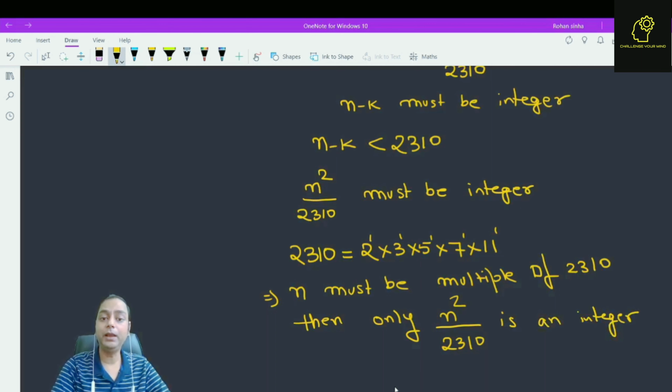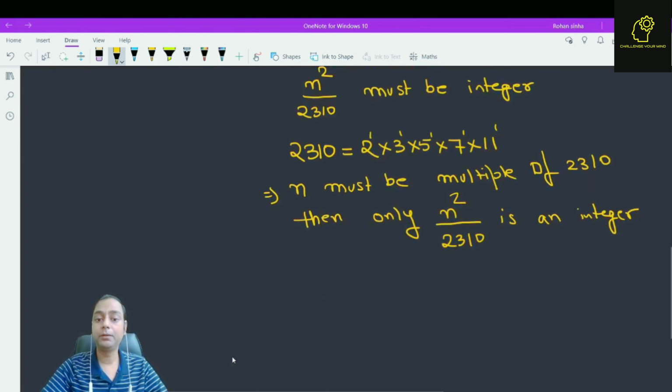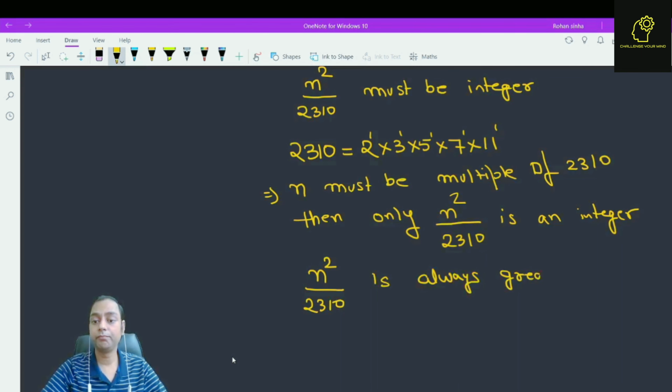So we can say that n square by 2310 is always greater than or equal to 2310. This is an integer and this is always greater than or equal to 2310.